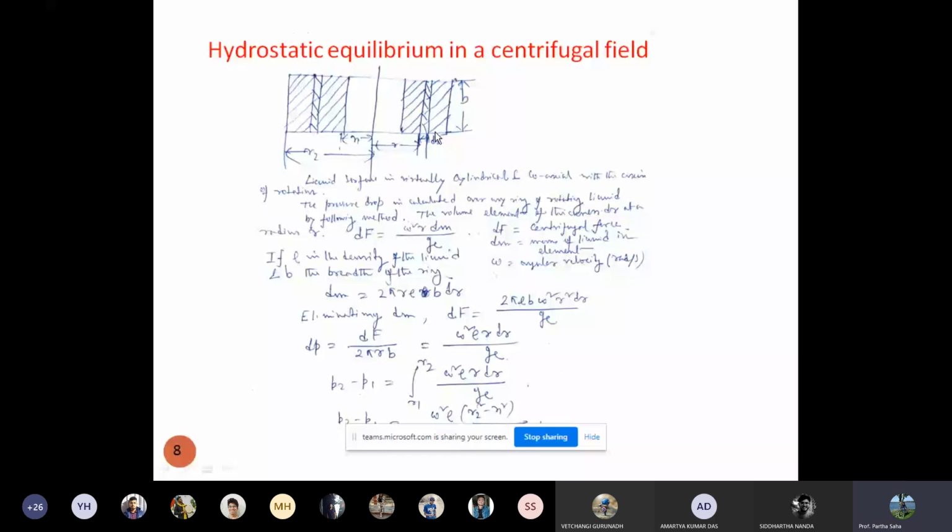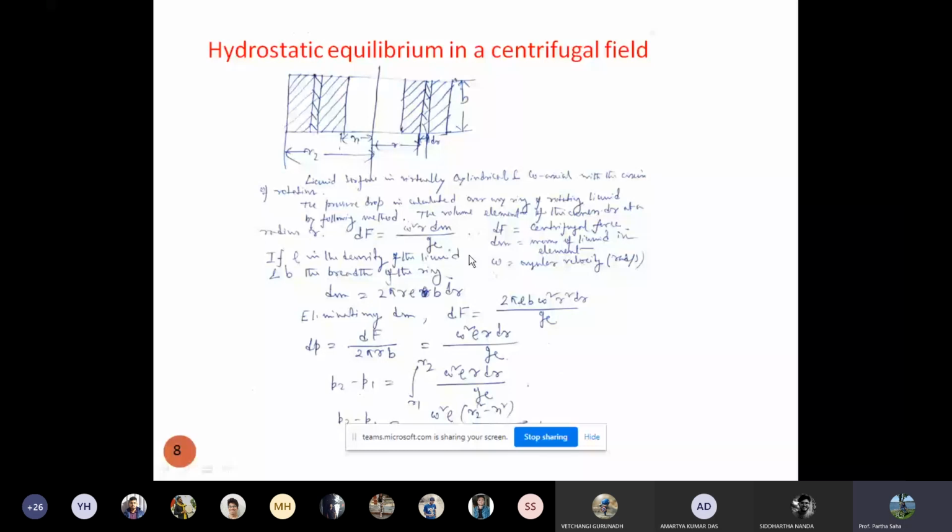The pressure drop is calculated over a ring of rotating liquid, where the volume element has thickness dr at a radial distance r. The centrifugal force will be omega square r dm by gc, where omega is the angular frequency, dm is the mass of the liquid, and r is the radial distance.